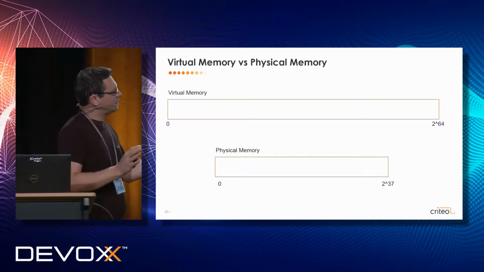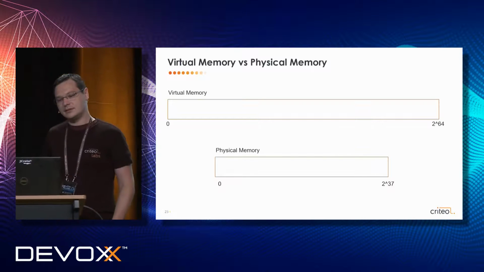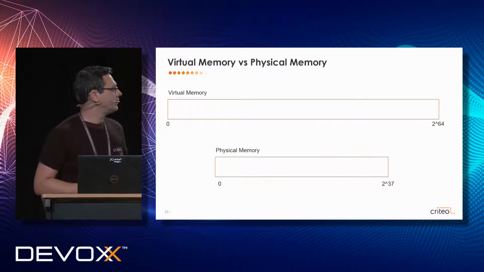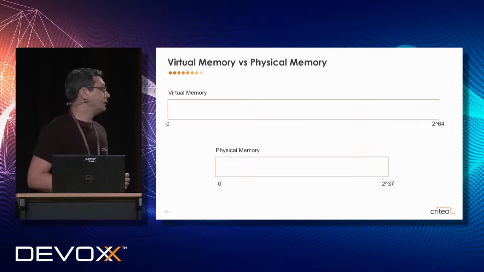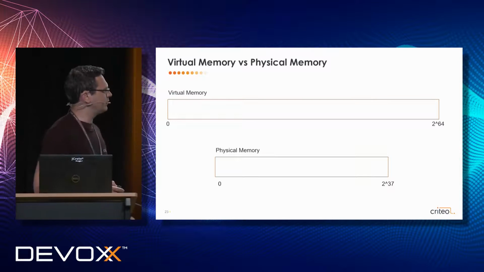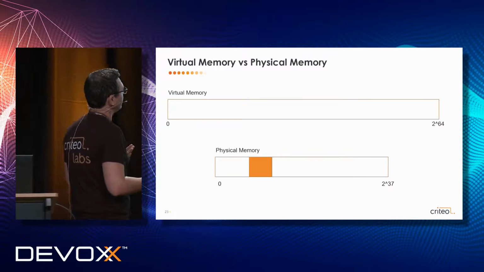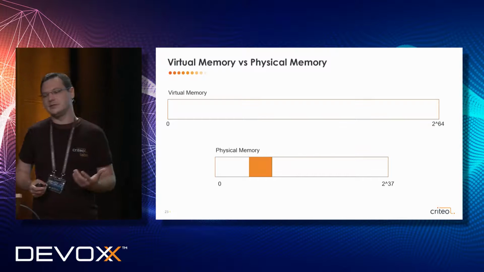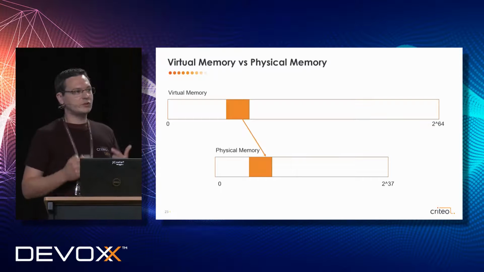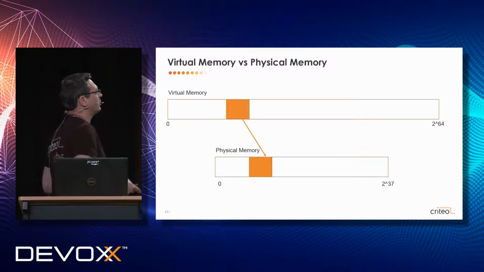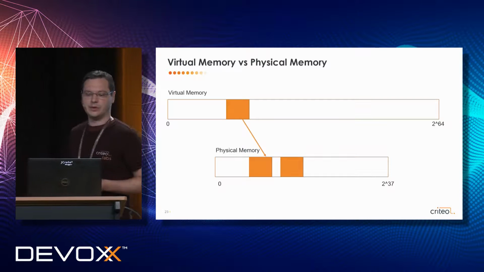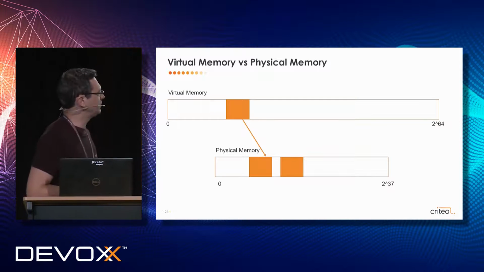And physical memory is smaller, so 2 power 37, it's like, I don't remember, 16 gigabytes, something like this, whatever. So we can allocate a page in this physical memory and back it by a page in the virtual memory. This is a 1-1 mapping. That's most of the time the way we are using virtual memory and physical memory.